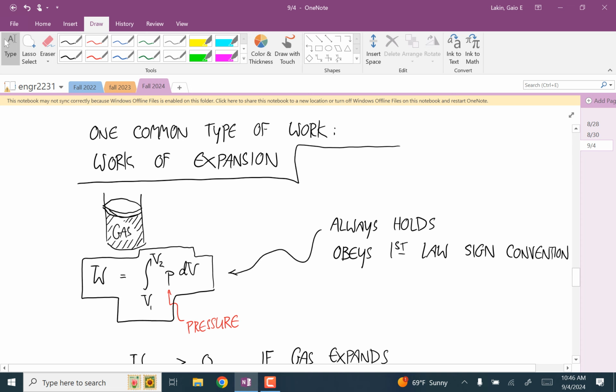But when it came to rest, and we're always assuming this quasi-equilibrium state, that everything's happening slowly enough that everything's at rest at every instant we consider, when it comes to rest, that same amount of force pushing down is equal to the force pushing up from the gas. So the temperature has changed, but the pressure is the same in the gas.